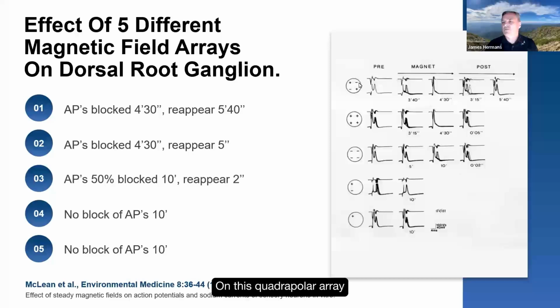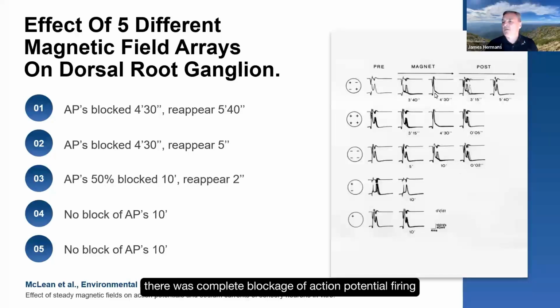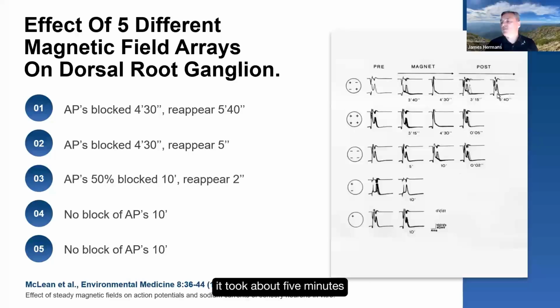And on this quadrupolar array, after 3 to 4 minutes, there was complete blockage of action potential firing. And when the field was removed, it took about 5 minutes, and then the action potential firing came back. So stimulate the cell, and it would once again fire its action potential.